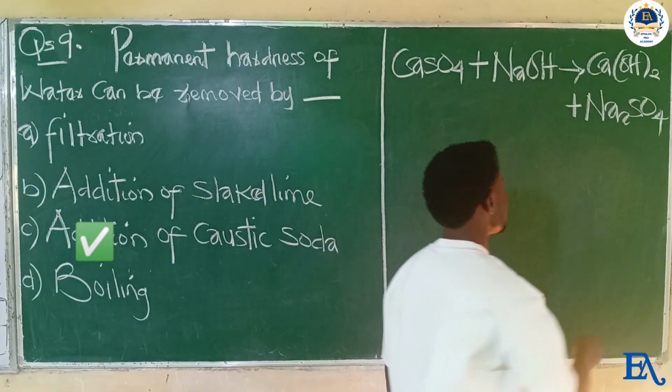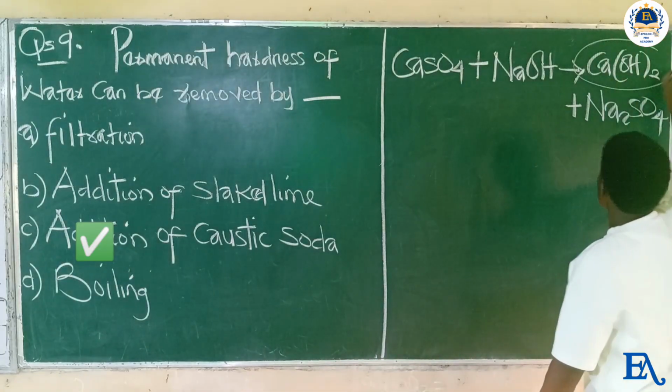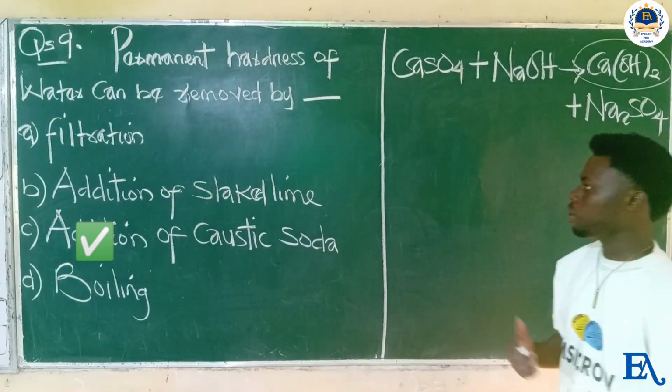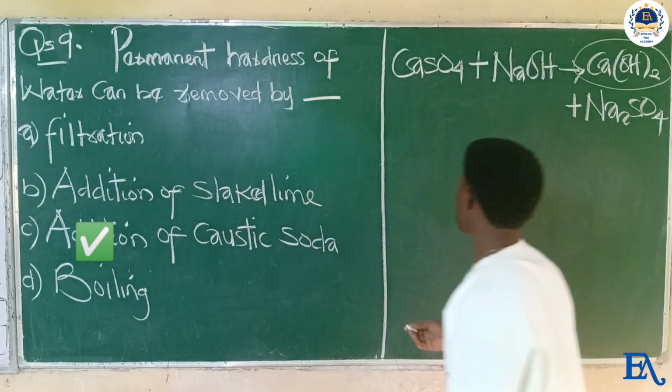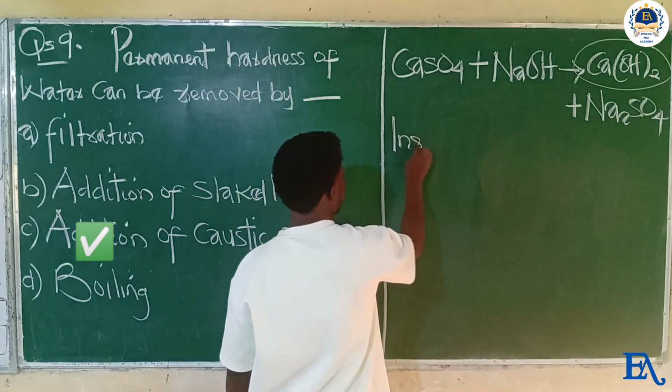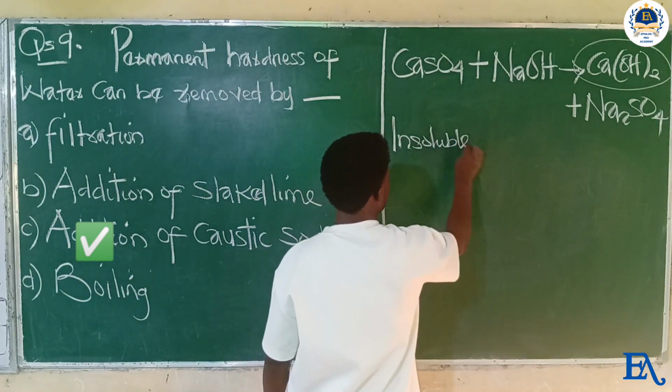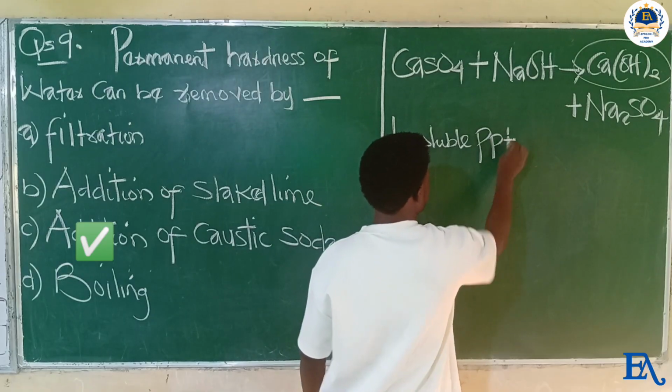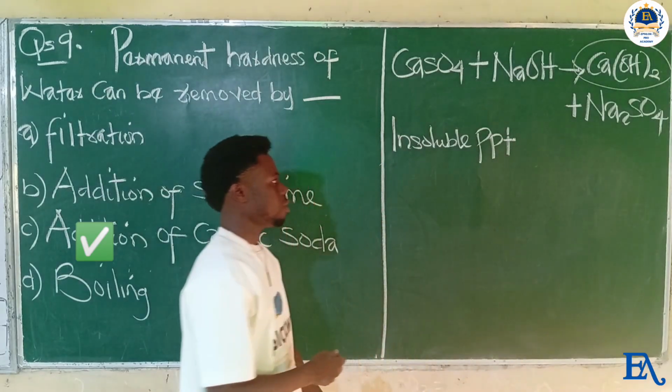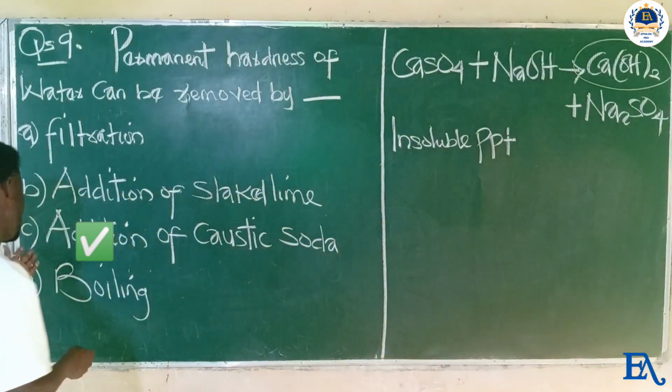Alright, so the hardness is going to be removed from the equation, and an insoluble precipitate is also going to be formed. So the correct option is option C.